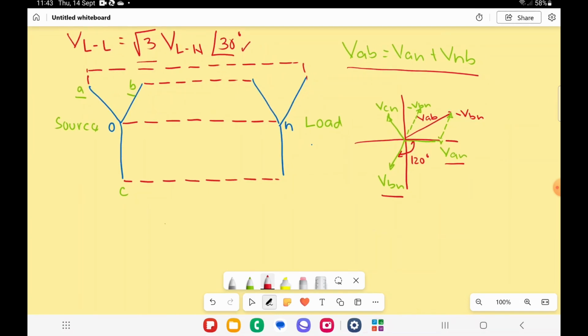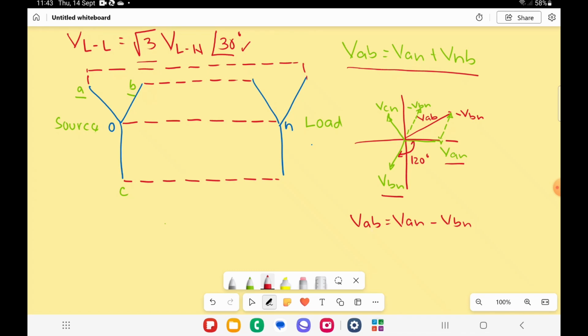Therefore, the new equation will become VAB is equal to VAN minus VBN.